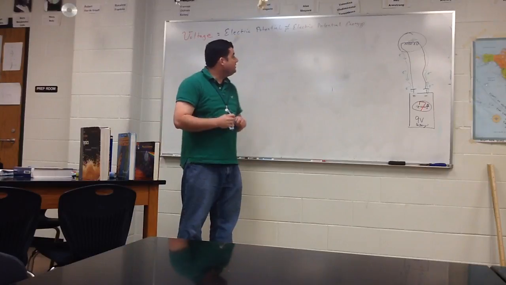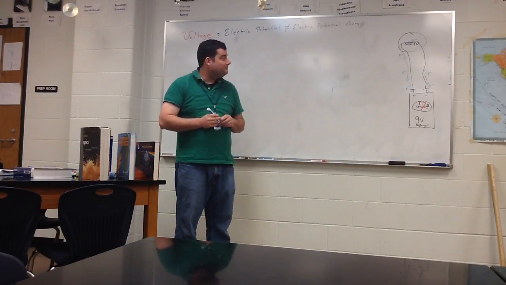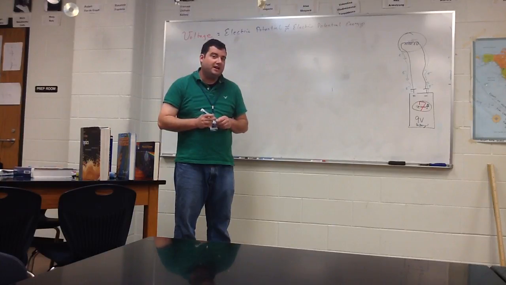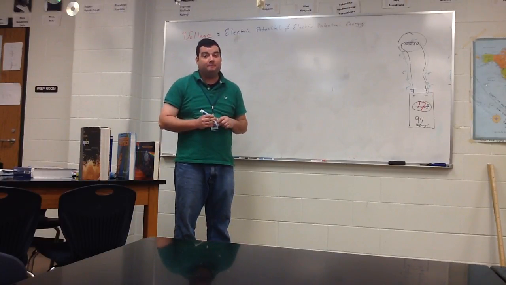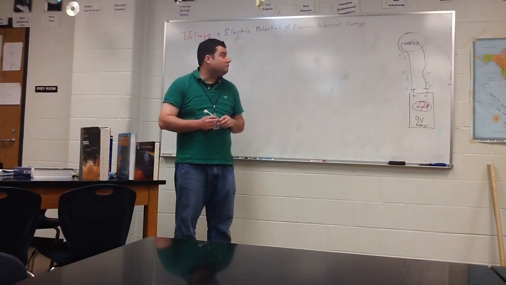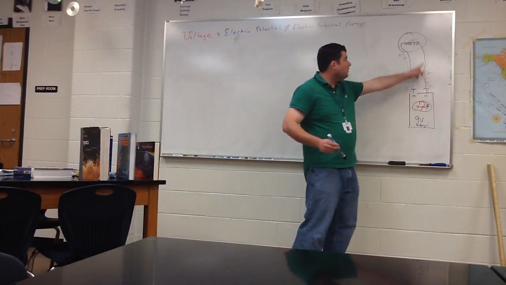So how much energy does it use? Well, I think it should be pretty obvious. It uses more energy if more electrons go. It uses less energy if fewer electrons go. So we don't really have a good answer to how much energy that light bulb uses. It depends how many electrons go.